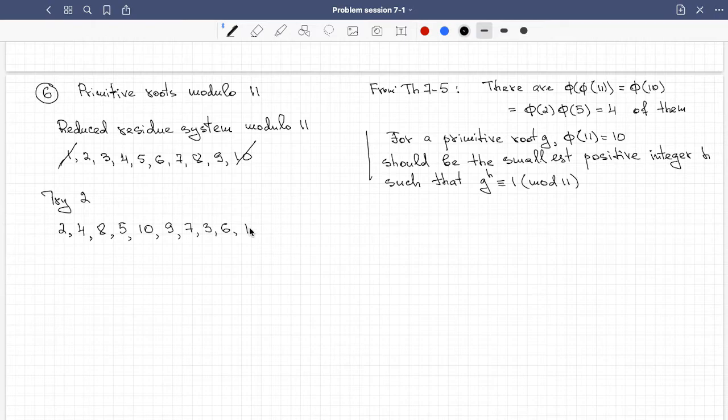So what we found, there are 10 of them. Thus, 2 is a primitive root.